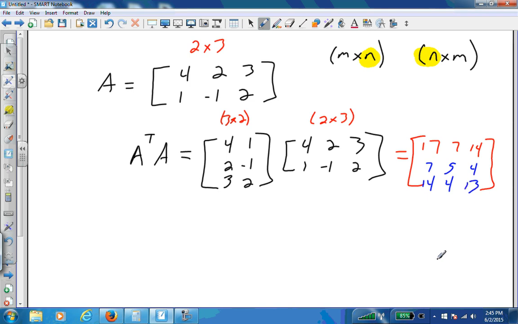Now if we do it in the other order, we don't even get the same size matrix.